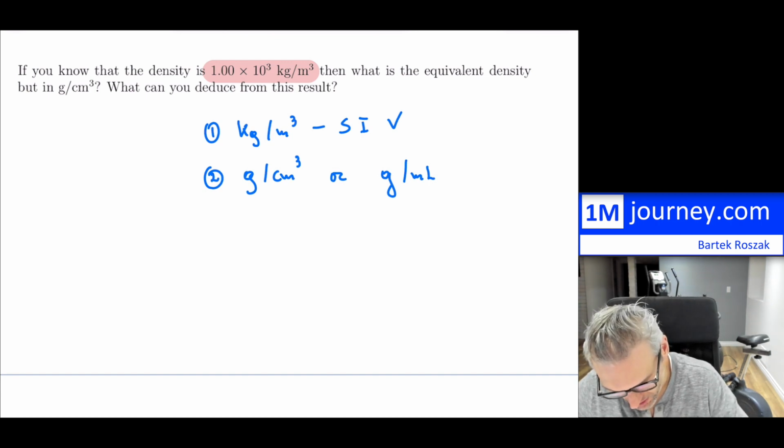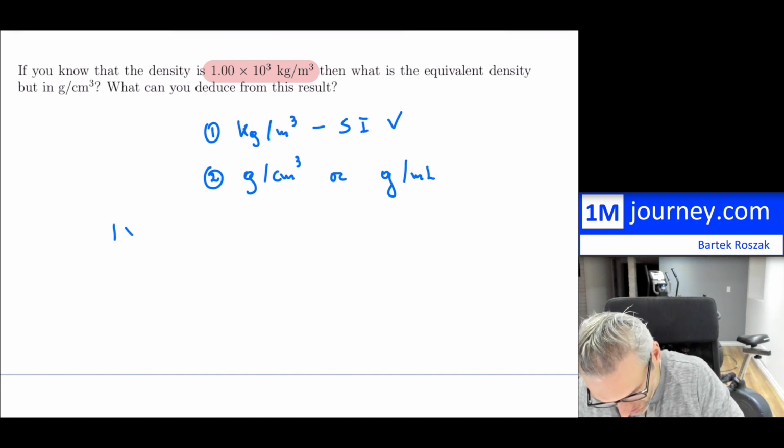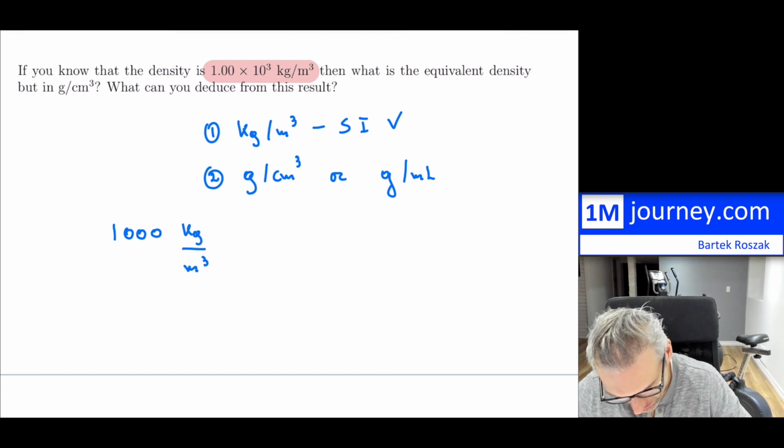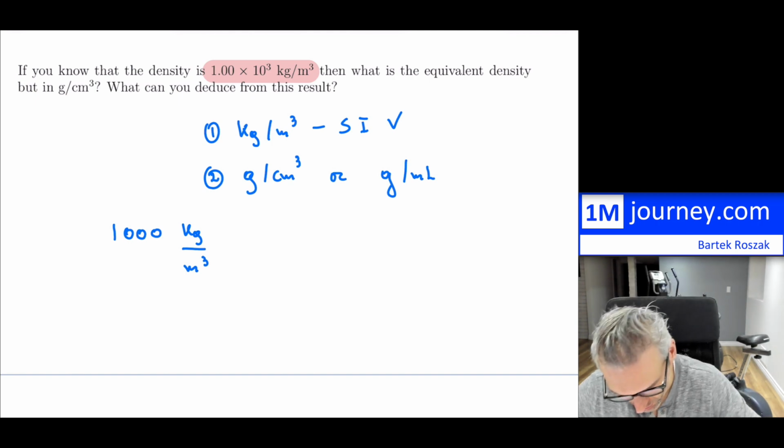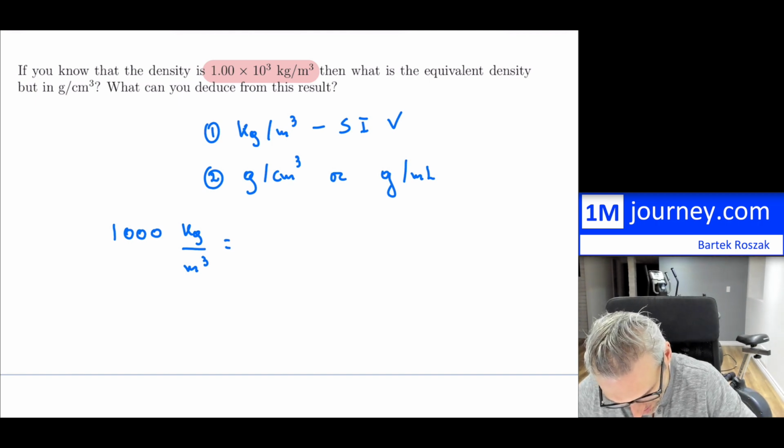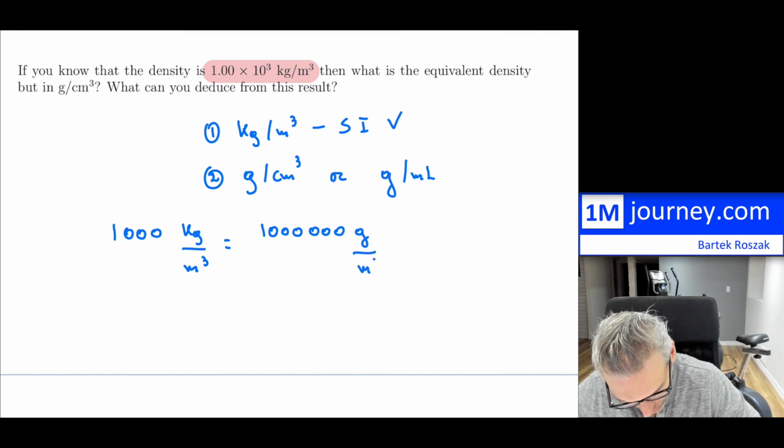So if you take a look here, I'm going to write this out. 10 to the 3 is just 1,000, and this is kilograms per meter cubed. If you want to convert this into grams per centimeter cubed, the first thing is to change it to grams, so we add a few zeros, giving grams per meter cubed.